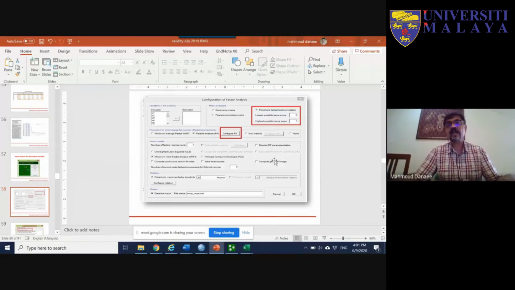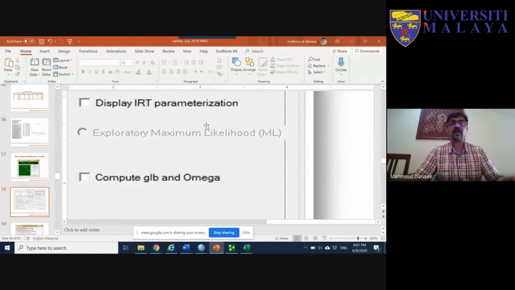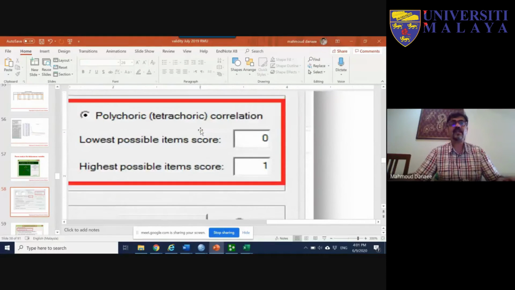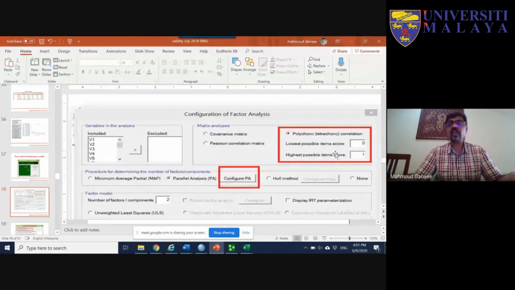The strength of this software is that we have two types of correlation matrix: the Pearson correlation matrix, which is for quantitative data, and polychoric or tetrachoric correlation, developed for categorical data.